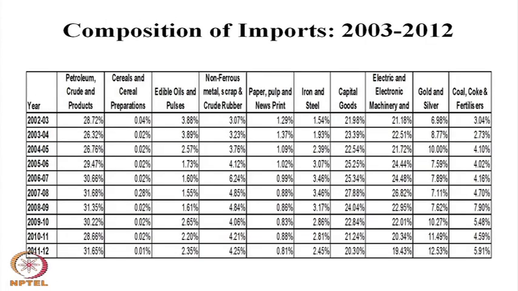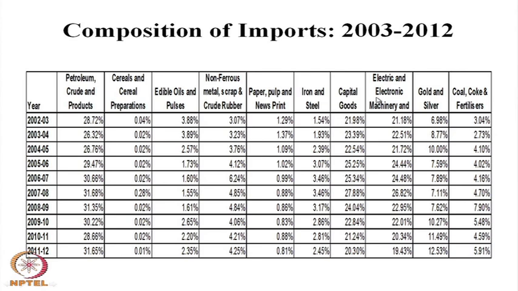If you see 2003 to 2012, another 10 years of data, similarly petroleum, that is crude oil and petroleum, remains almost 30% of our import basket. After that comes our capital goods import, nearly 20% of the basket of import.